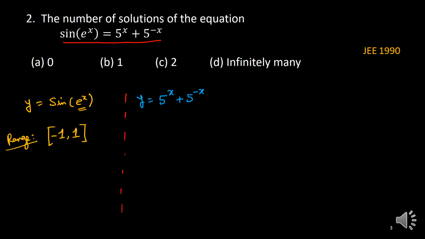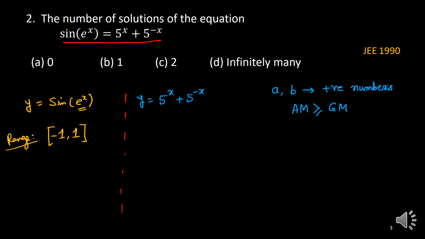Here I will consider that if a and b are two positive numbers, then their arithmetic mean is always greater than or equal to their geometric mean. This inequality is always true for positive numbers.